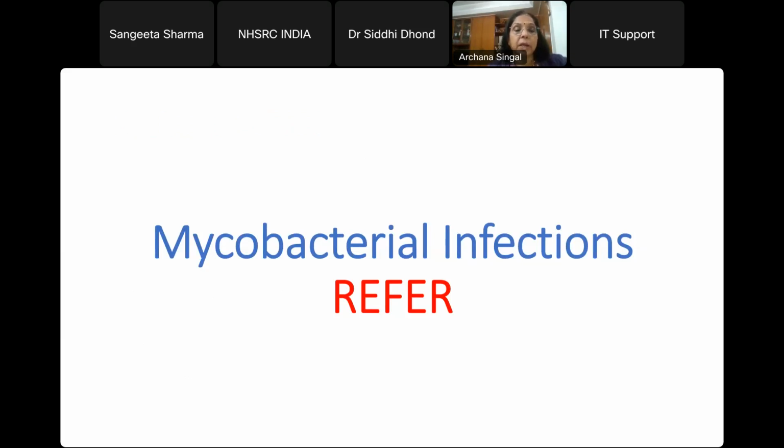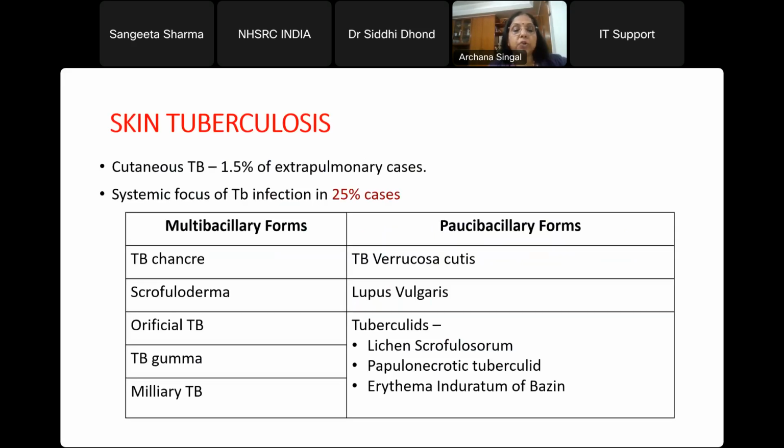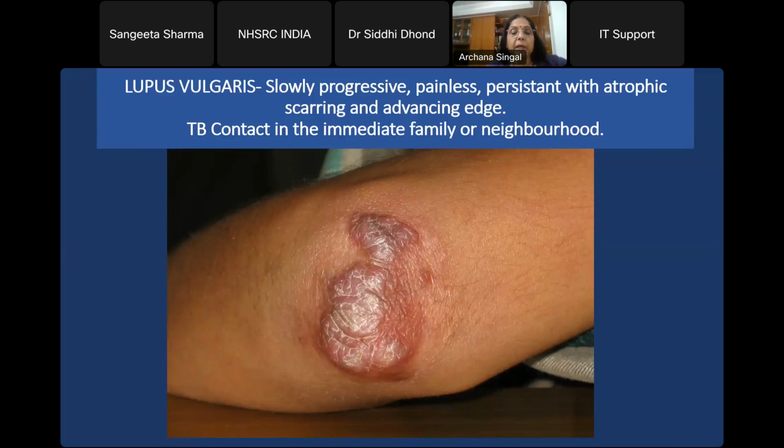Mycobacterial infection. I just want to show this so that you know, no text. Next. Always refer, whether it is tuberculosis or leprosy. Skin tuberculosis is pretty common. It's not that we don't come across it, and there are multiple morphological forms. Next. So this is lupus vulgaris, usually seen on the face or extremities or buttocks or exposed parts.